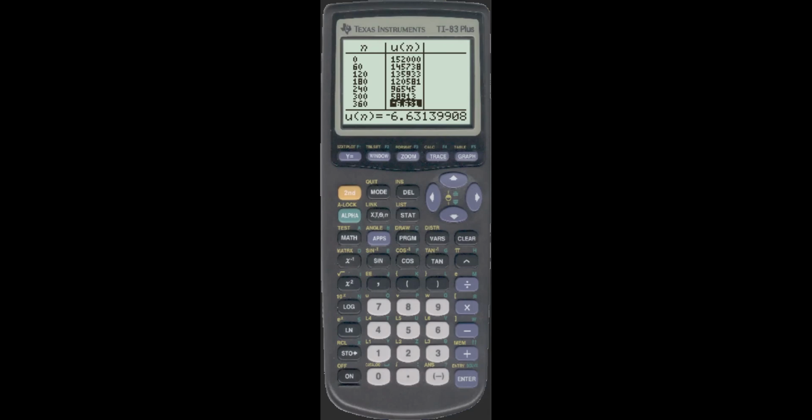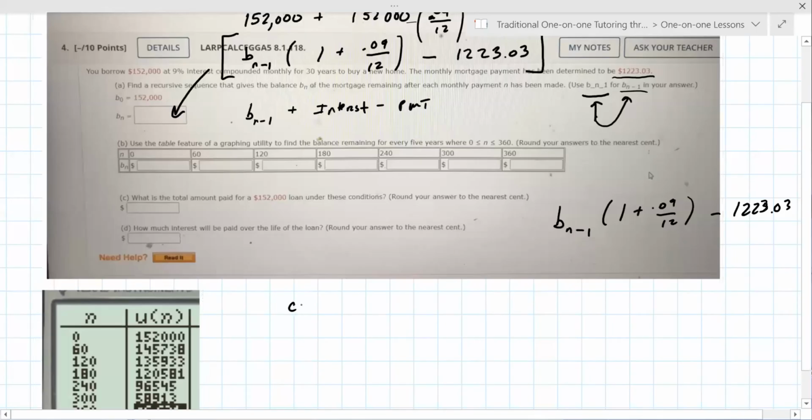Okay, I'm going to go back to part C and D on the other screen, because those can be answered without the calculator. Part C is asking what's the total amount paid.